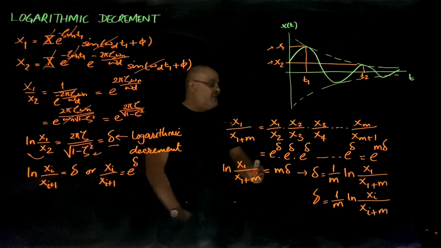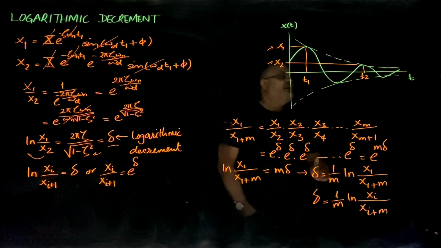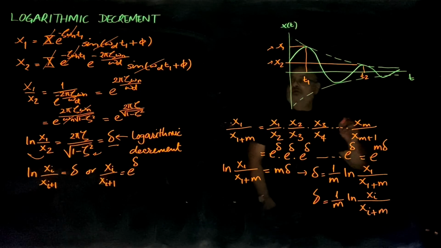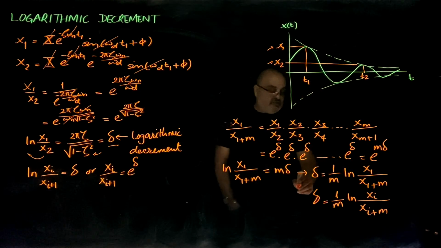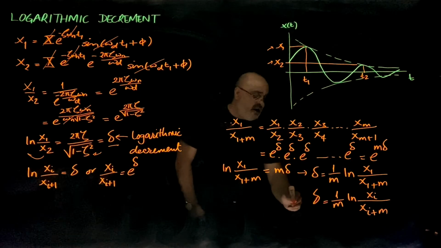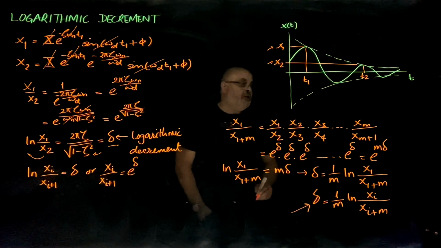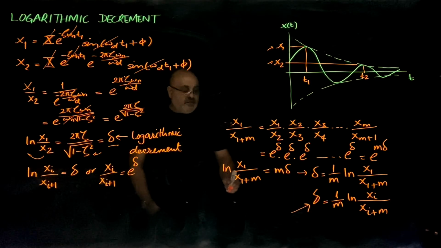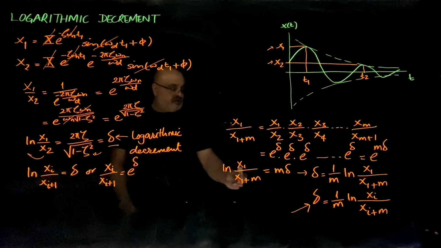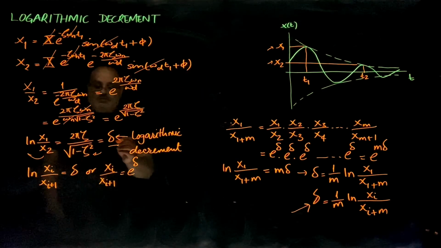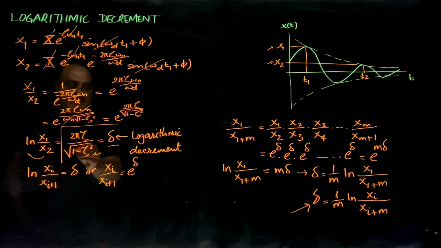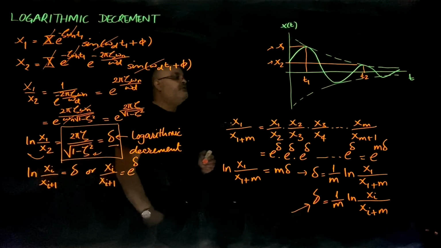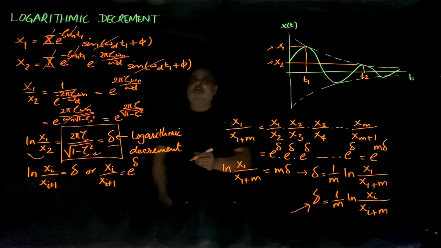So if I take two peaks separated by m number of periods, I can determine a more accurate estimate of the logarithmic decrement delta, and then substituting this delta into this relationship, I can find zeta, which is the damping ratio in the system.